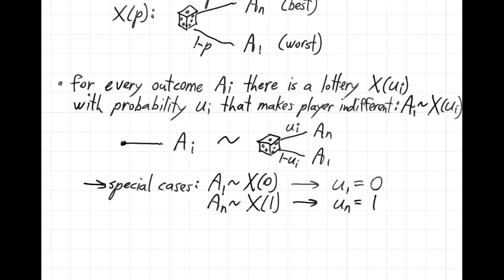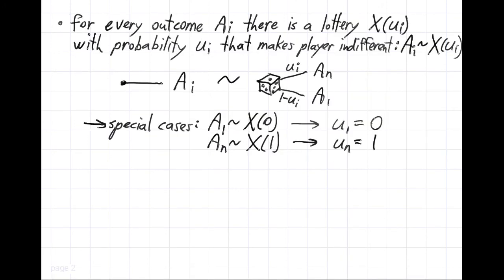And I hope you can see that for any other Ai where the outcome isn't as good as AN, but it's better than A1, the player is going to have some probability Ui of getting the top branch, where they'll be indifferent to this lottery versus this sure outcome.